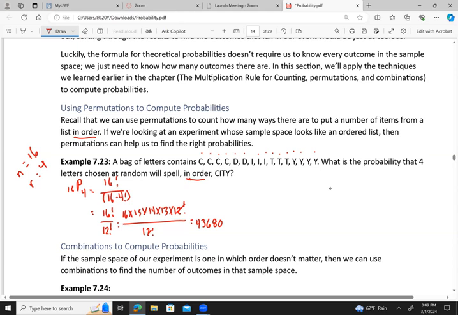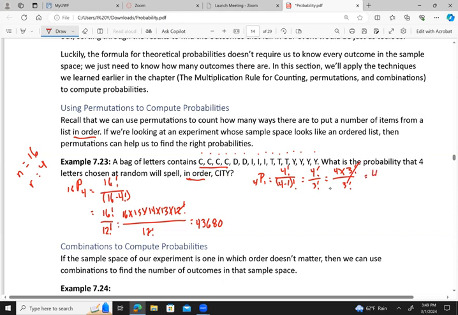So looking at the C, I have 4 C's and I only want one of them. Well, we're looking at 4P1, which is 4 factorial over 4 minus 1 factorial, 4 factorial over 3 factorial, 4 times 3 factorial over 3 factorial, or 4.